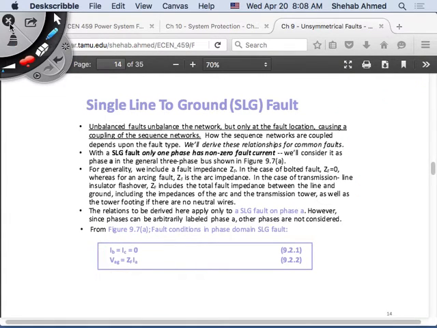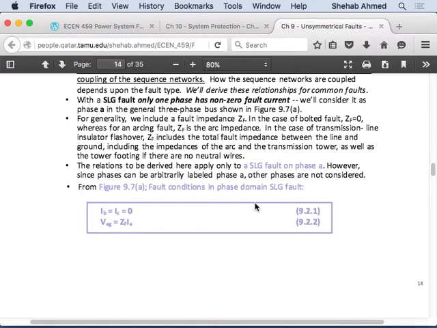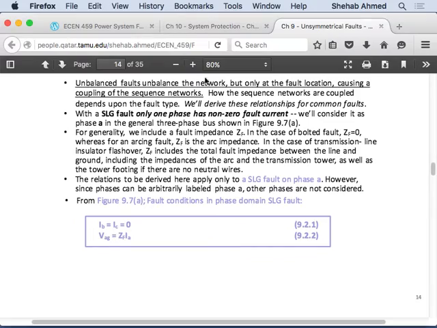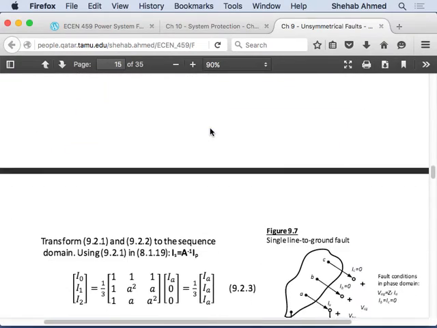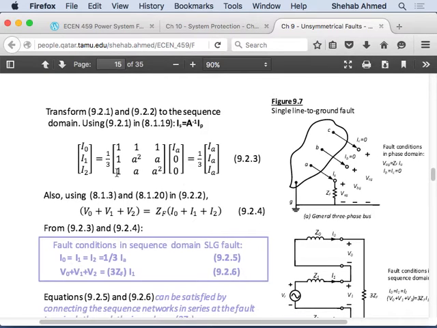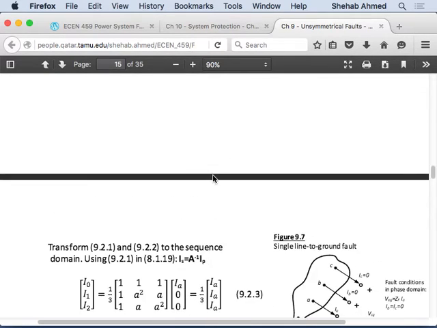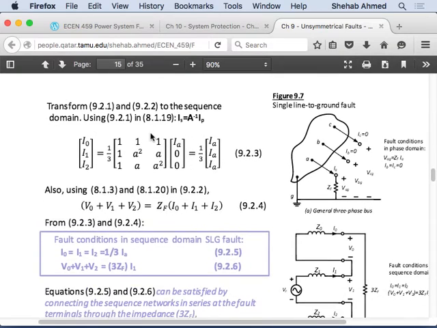We started with these conditions last time, and then we converted these phase domain quantities into the sequence domain. We took the currents IA, 0, 0 for B and C and converted them to sequence quantities, and then did the same thing for VAG, converting the phase A voltage to its sequence representation, and the phase A current to its sequence representation, and we did some simplifications.